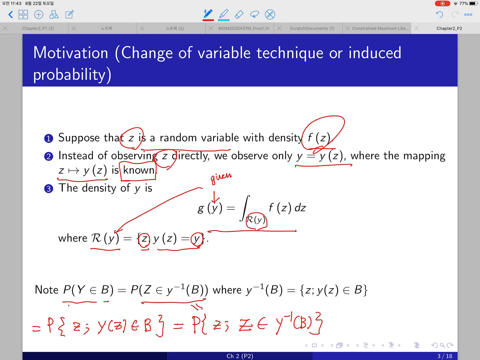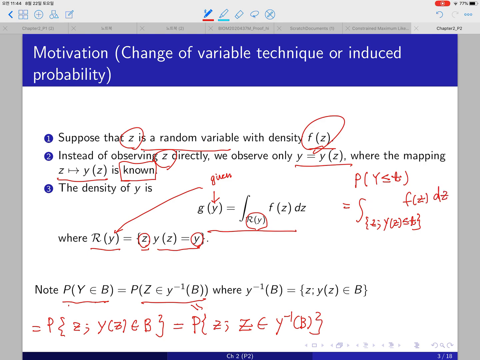Using this concept, you can actually consider a CDF. This is the CDF of y, and you can think of it as the integral over z where y(z) is less than t of f(z) dz.